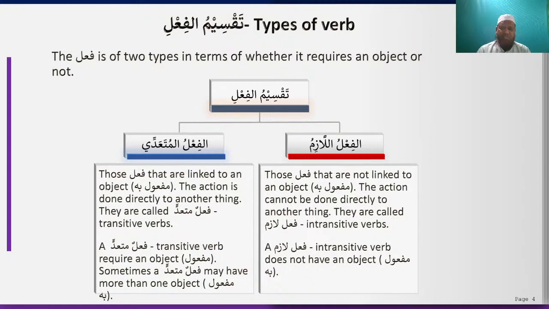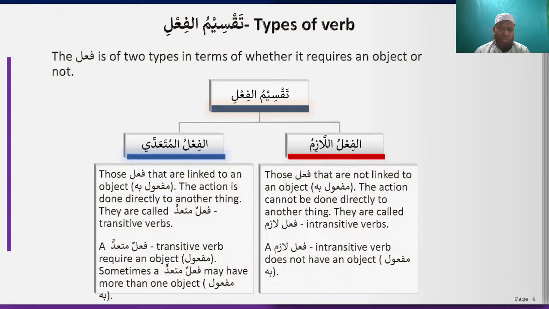الفعل اللازم, those فعل do not require or do not have an object, مفعول به. And الفعل المتعدي, they do have مفعول به. For فعل لازم, if you do bring a مفعول به, the sentence will be wrong, incorrect.